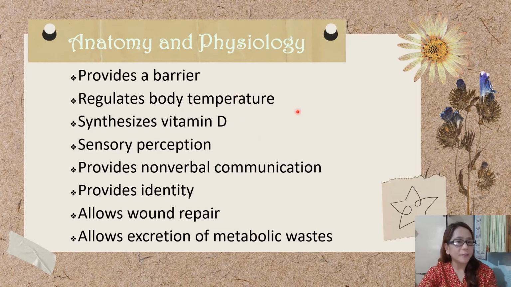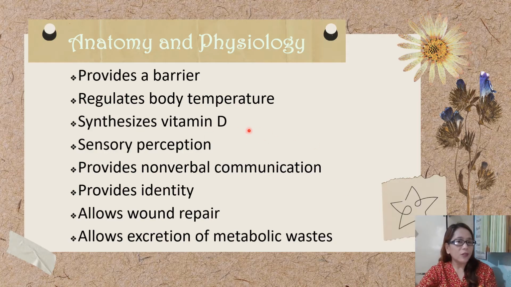Our skin provides a barrier that protects our body from injury secondary to mechanical, chemical, thermal, and ultraviolet light sources. It also protects our body from invasion of microorganisms, and it prevents dehydration.